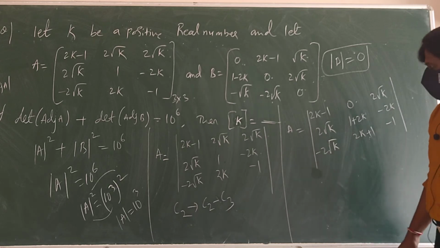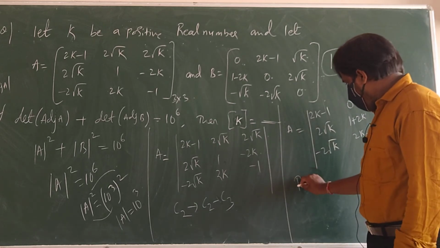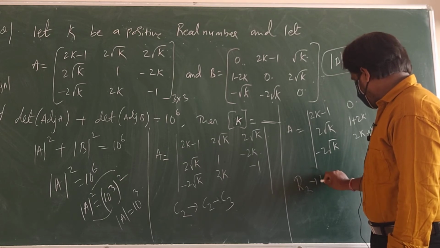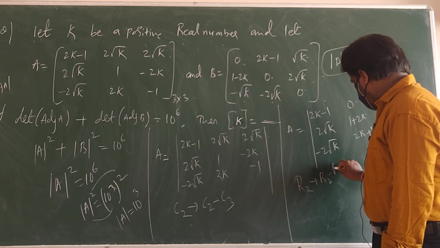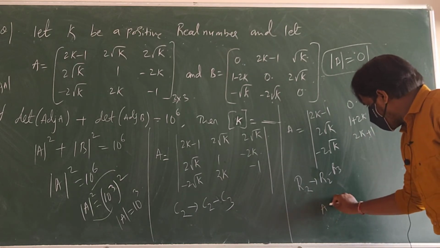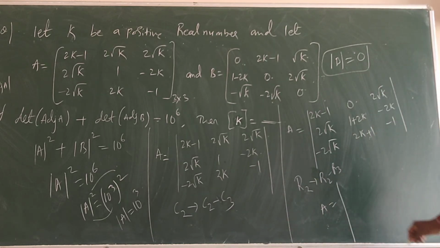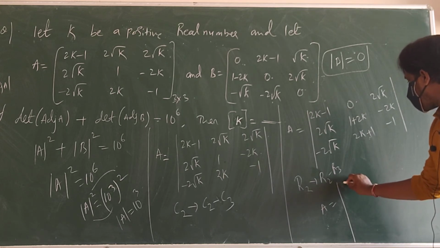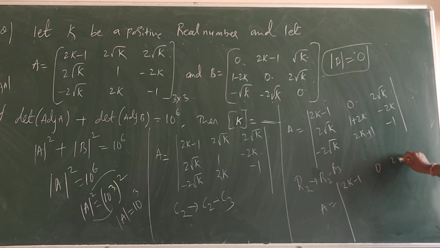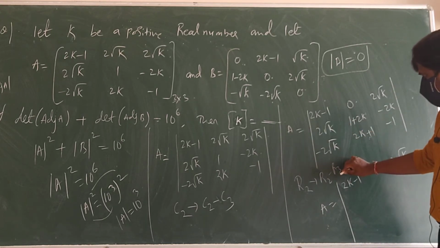So I'll write R2 implies R2 minus R3. Right, A is equal to 2k minus 1, 0, 2 root k, R2 minus R3.